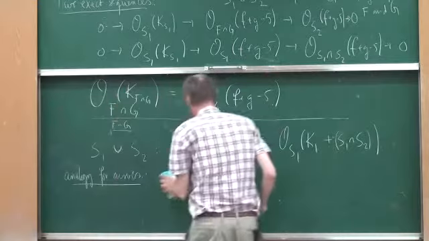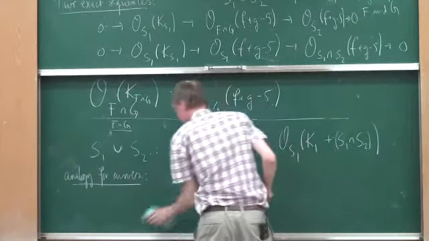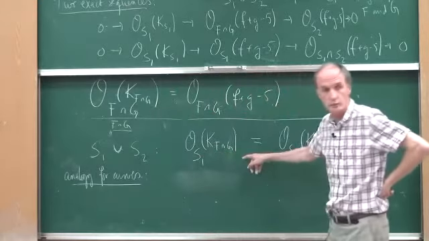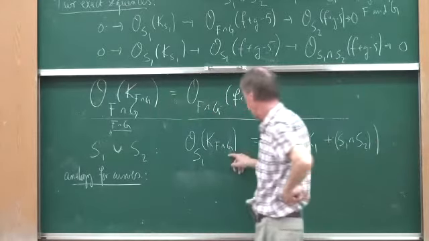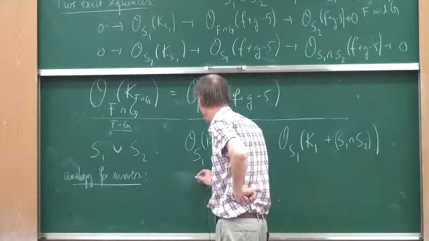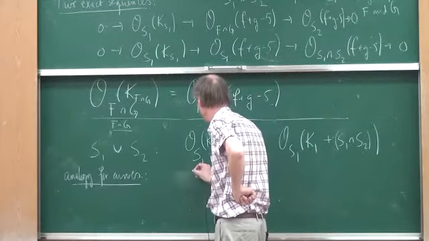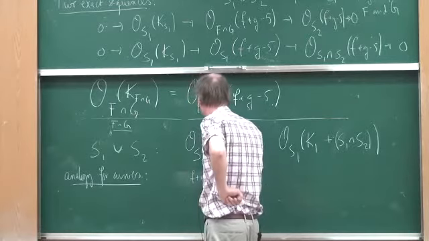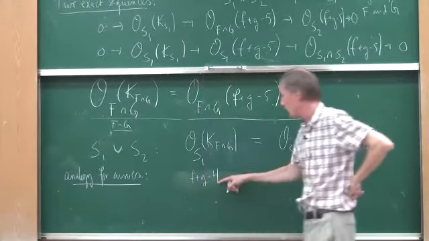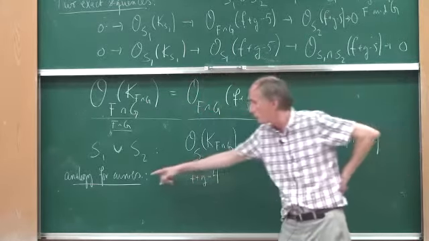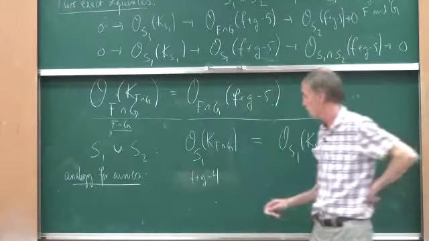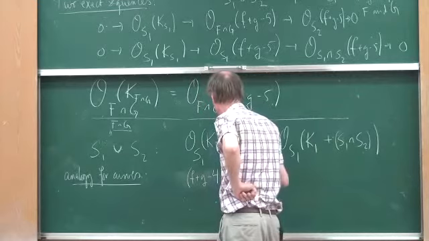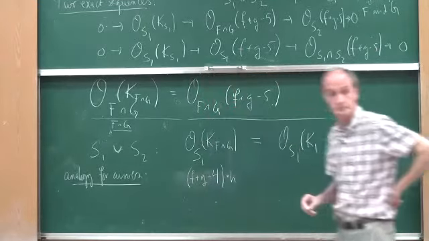Let me try to write it properly. So then I would need to intersect this with a hyperplane again, so therefore I get here f plus g minus 4 now because I am on the hyperplane section times the hyperplane divisor.